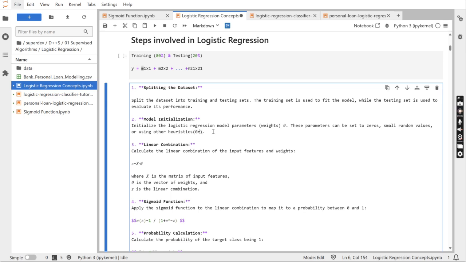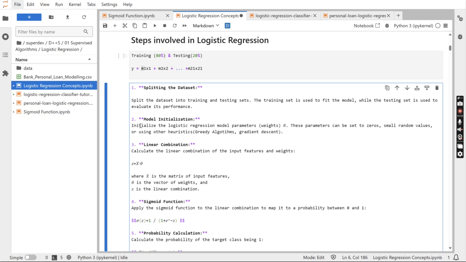For example, greedy algorithms, or stochastic algorithms, either gradient descent based stochastic algorithms.